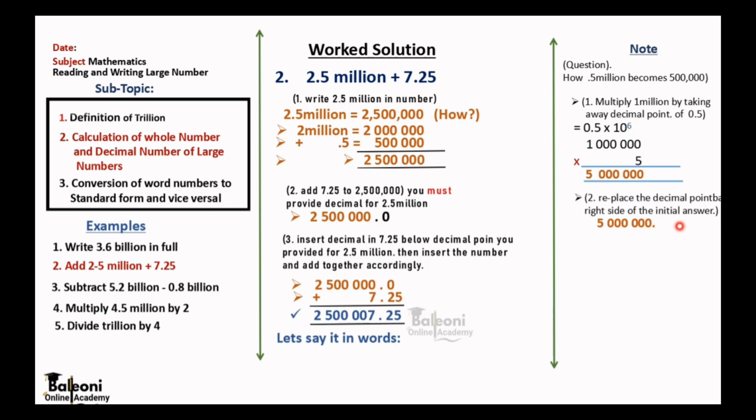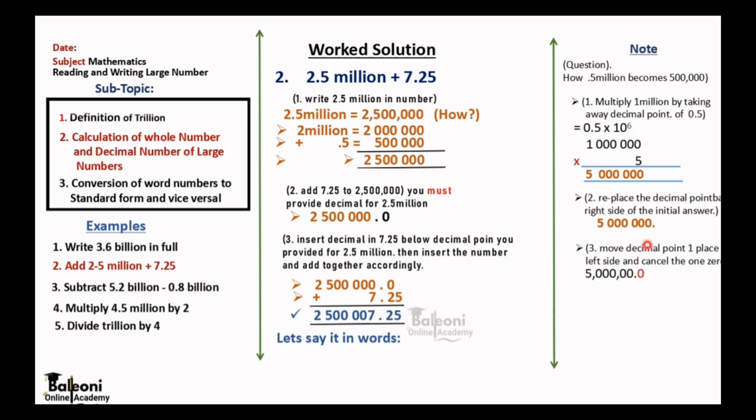Then you will now need to move the decimal point one place to the left side and cancel the 0. Because when we have 0.5 here, the 5 is just one number behind the decimal point. So that is the reason when you place your decimal point at the right-hand side of your answer, you need to move one place, because we have one figure behind the decimal point.